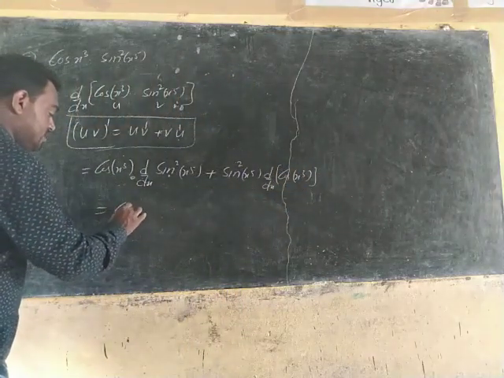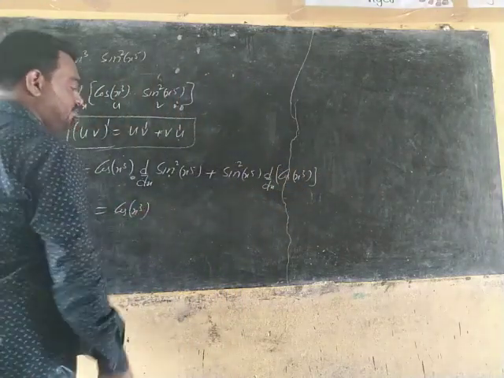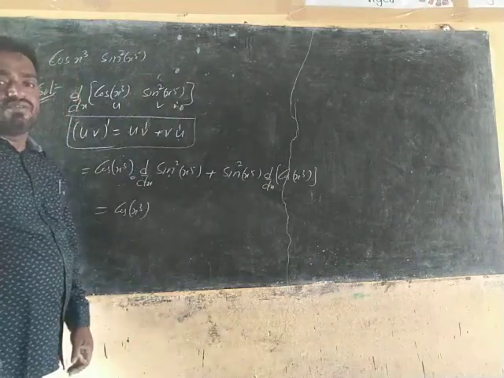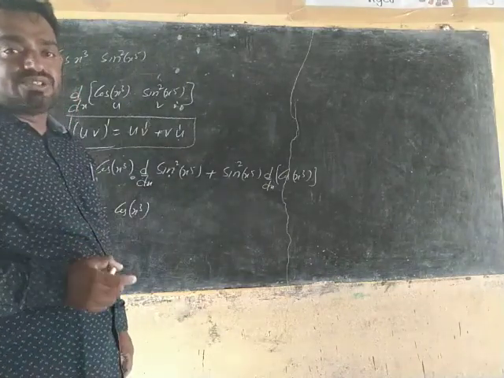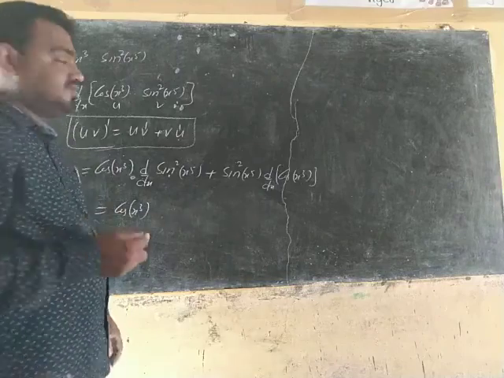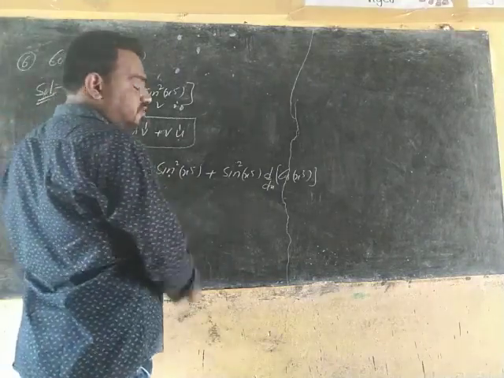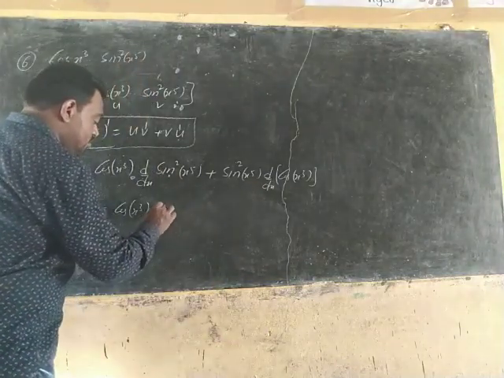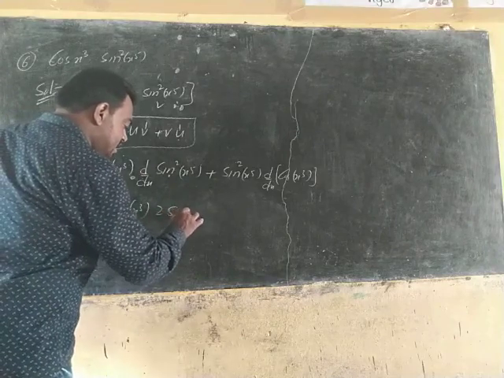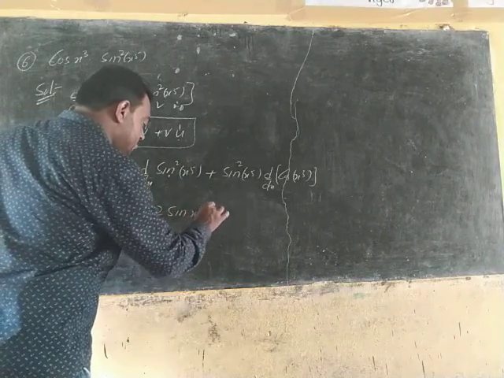This is equal to cos of x cube into sine square. It is in the form of x square. X square derivative, what? 2x. So in place of x here, sine of x power of 5. So 2 sine of x power of 5.